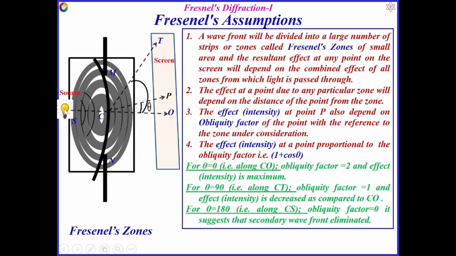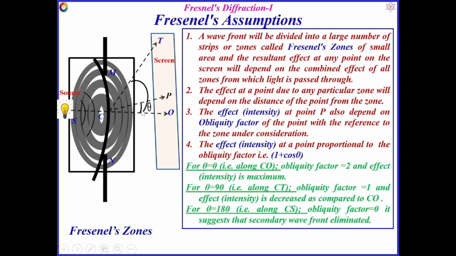So light travels along the straight line path, maximum intensity we can find at O, and if we go to the top side or bottom side of the screen, then the intensity gradually decreases, which we can say is indirectly represented by the obliquity factor.